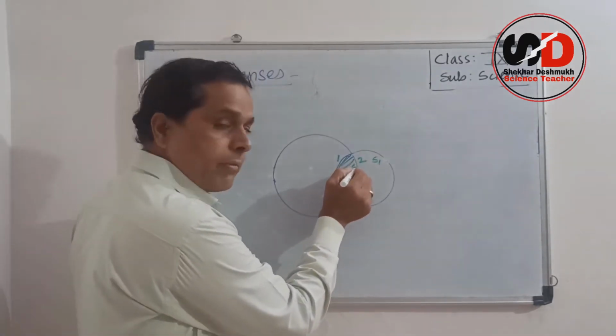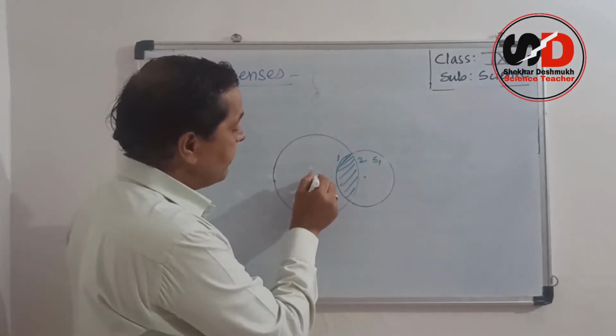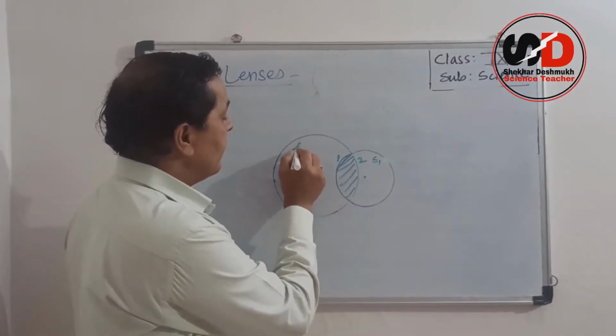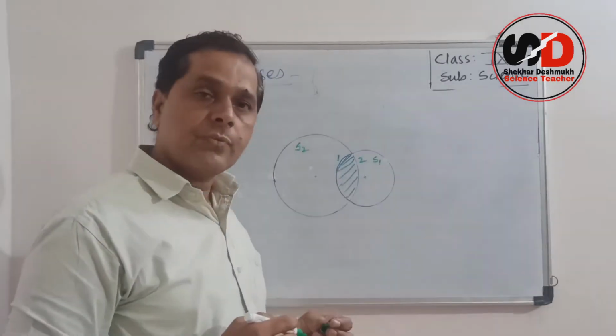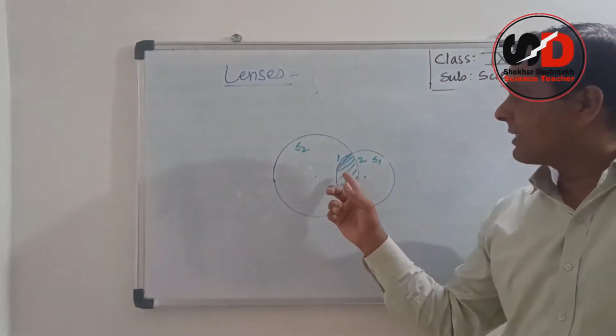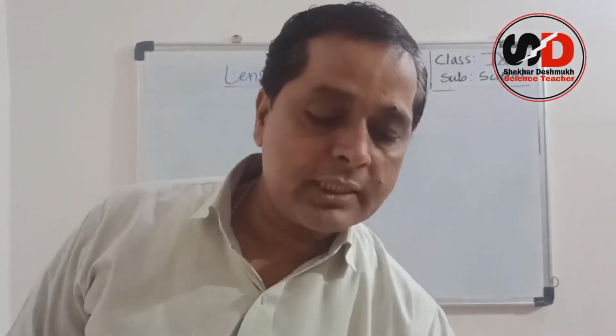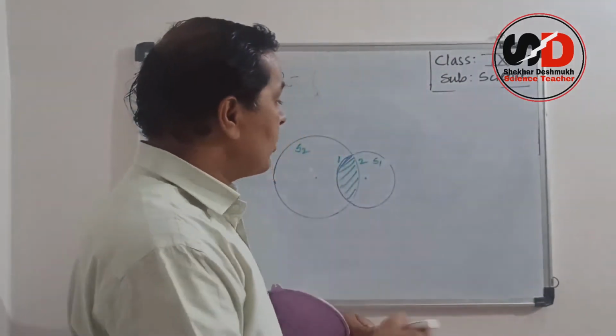The second surface of the lens is part of the second sphere, S2. So this is a convex lens. Similarly, we can draw a concave lens also. How are both the surfaces of the concave lens formed?